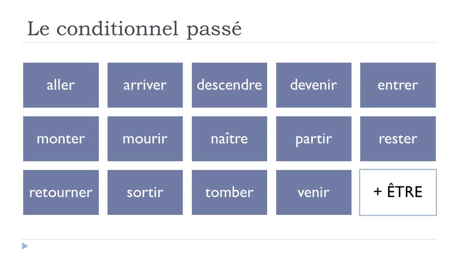So remember, one more time: aller, arriver, descendre, devenir, entrer, monter, mourir, naître, partir, rester, retourner, sortir, tomber, venir. Okay, so remember, you will have to use être with these verbs.